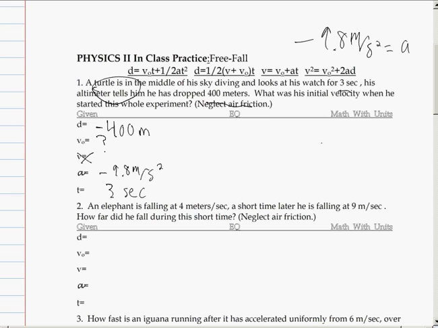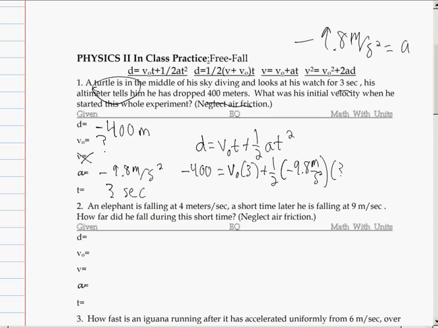So our equation is going to be the one that doesn't have the final velocity. y equals v0 t plus 1/2 a t squared. So we'll have negative 400 equals the initial velocity times 3 plus 1/2 negative 9.8 meters per second squared, 3 seconds quantity squared.